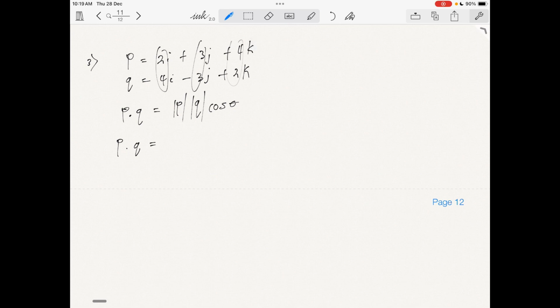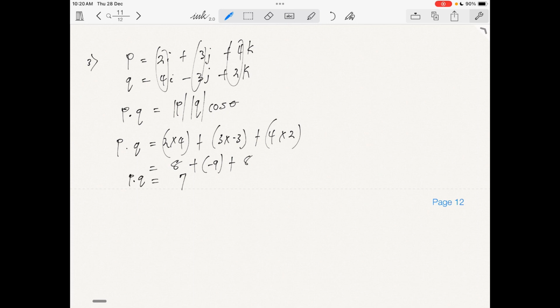That will be 2 times 4 plus 3 times minus 3 plus 4 times 2. Now this will give us 8 plus minus 9 plus 8, and this will give us 7. p dot q is 7.